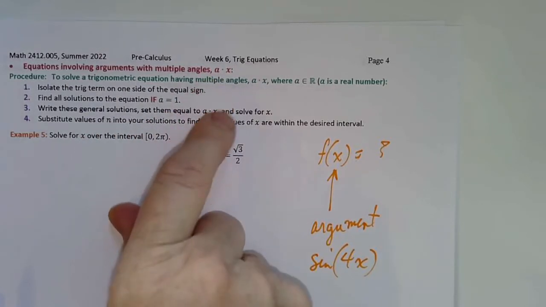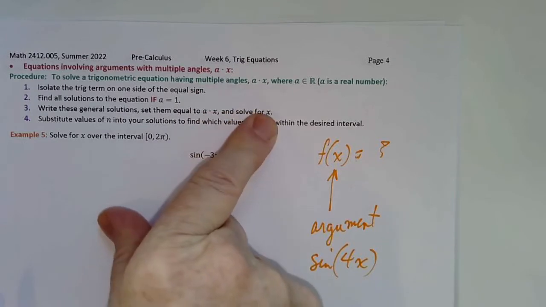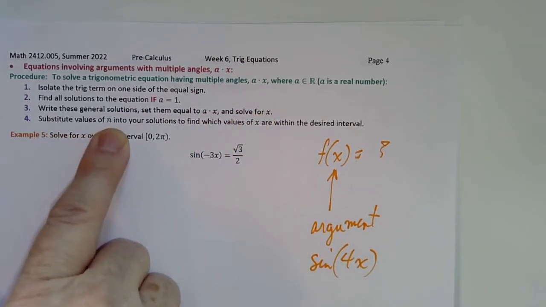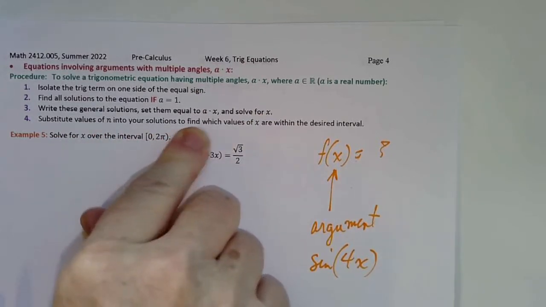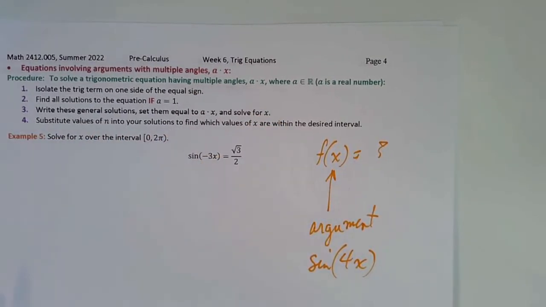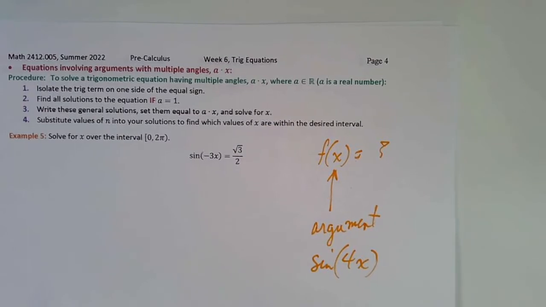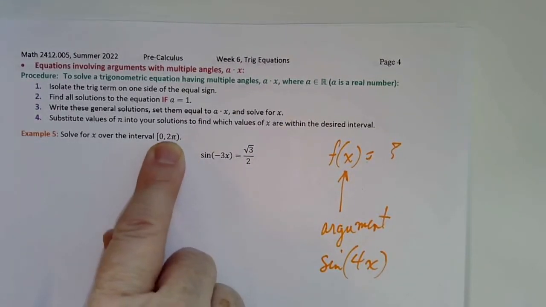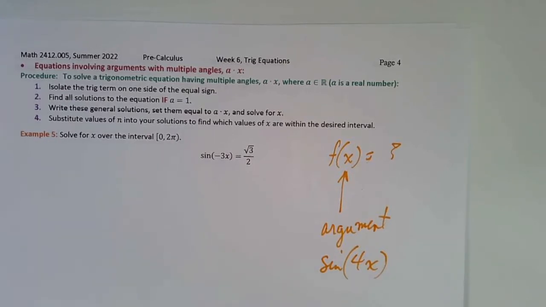We're going to let the actual value come back, and solve for x. Then we substitute values of n into the solutions and find which values are within the desired interval. Most of the time, the desired interval is 0 to 2 pi.